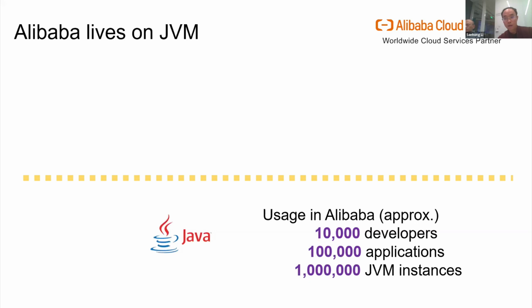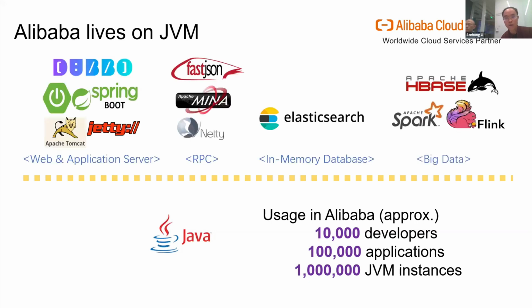Okay. Here is an overview of the Java usage at Alibaba. Actually, we are building our software based on the broad ecosystem in Java. Almost all online applications are written in Java with about billions of lines of Java code.